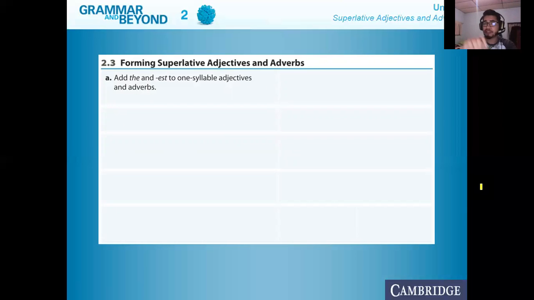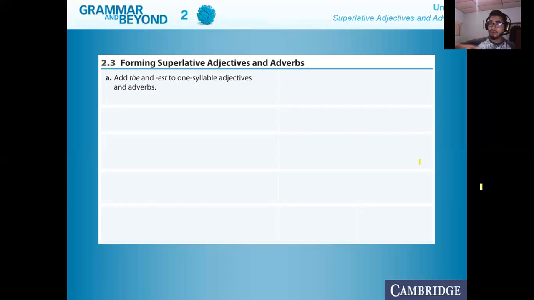First, when we are forming superlative adjectives and adverbs, we need to add est at the end of the word to one-syllable adjectives. Remember that when we were talking about comparatives, we said in a summary that when you have one-syllable adjectives and adverbs, you add er. If you have two-syllable adjectives that normally end in y, you change the y for an i and then add er.